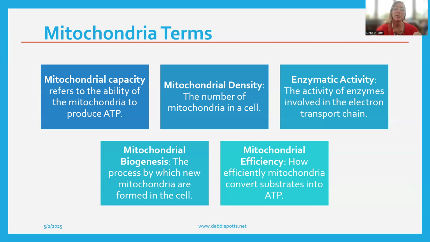So mitochondrial biogenesis, as a review, is the process to make new mitochondria, create new ones. Now, efficiency obviously means how efficient are the mitochondria in our cells at creating ATP? As we get older, I've done other videos, what happens?